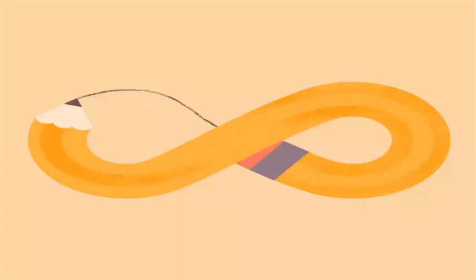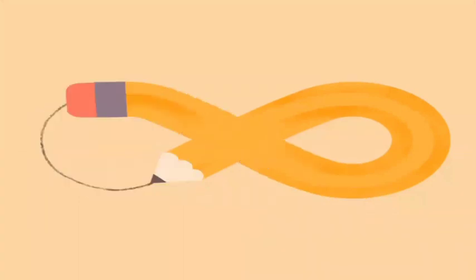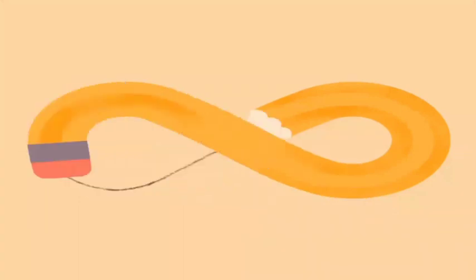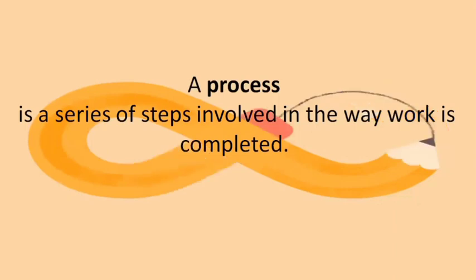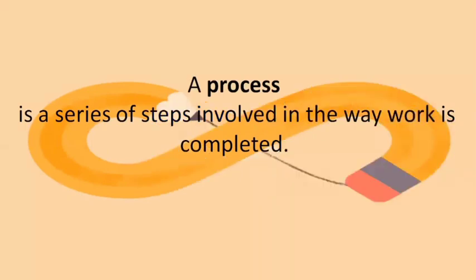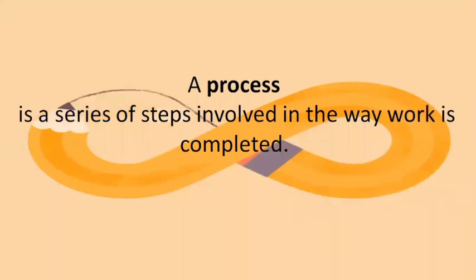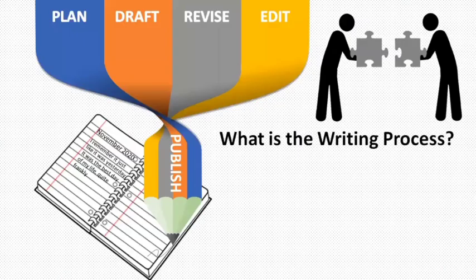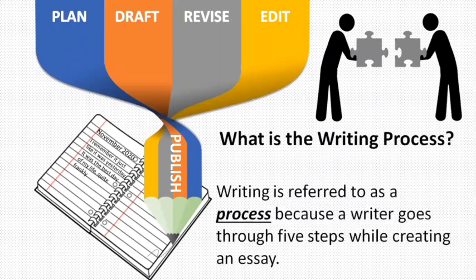First, let us examine the word process. Simply put, a process is a series of steps involved in the way any work is done. Now, the writing process is the way that we go through 5 steps as we create our essay.